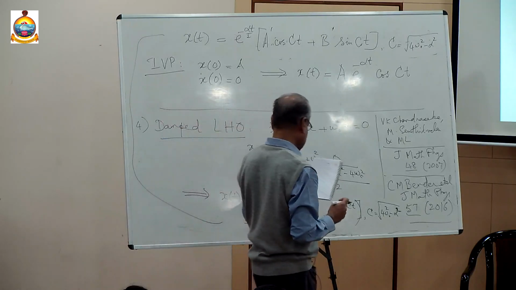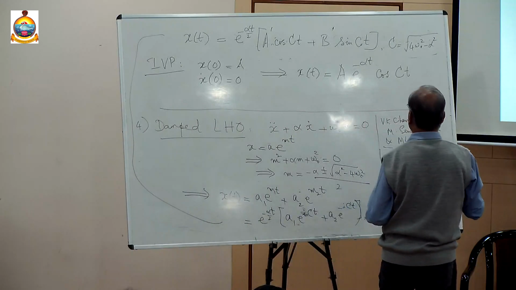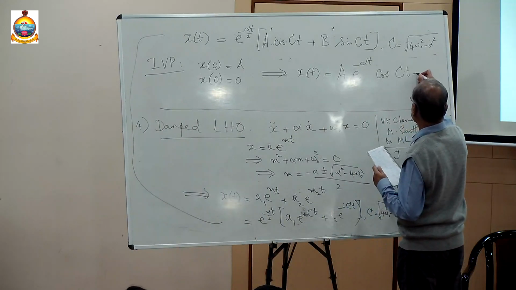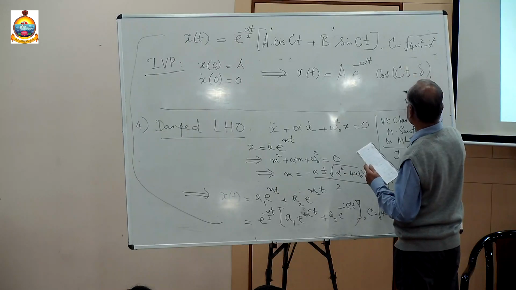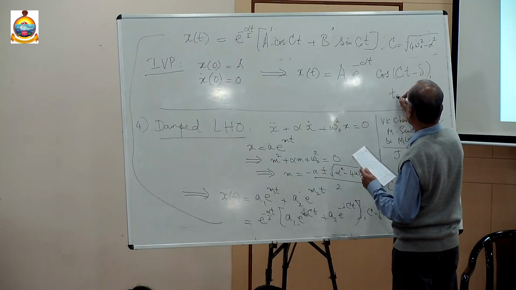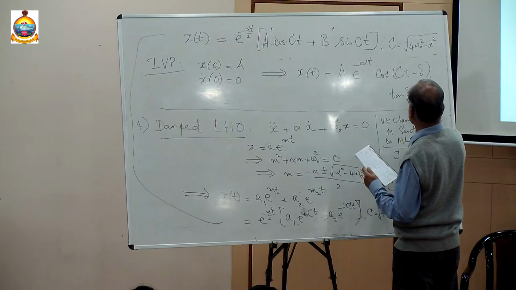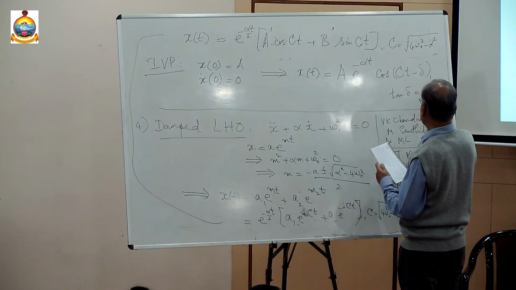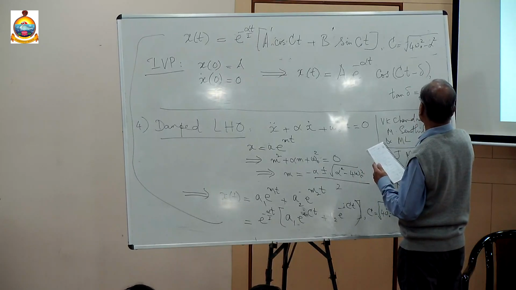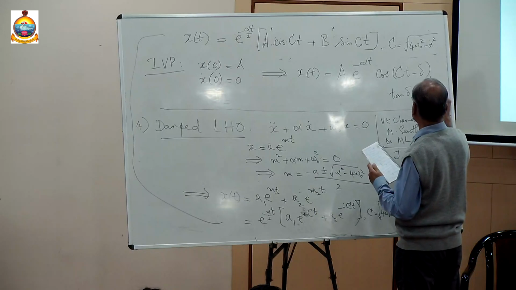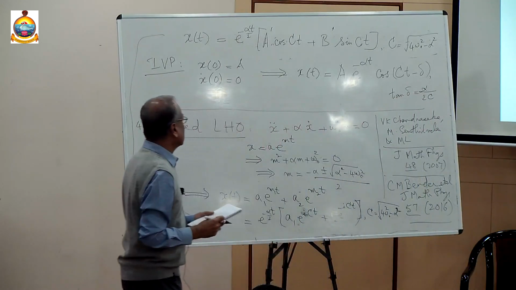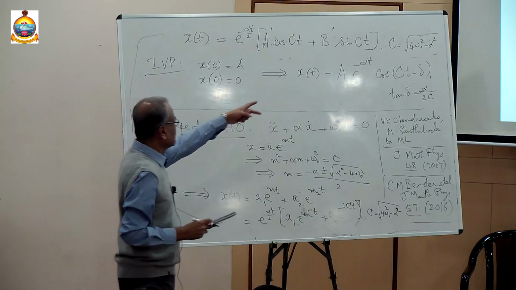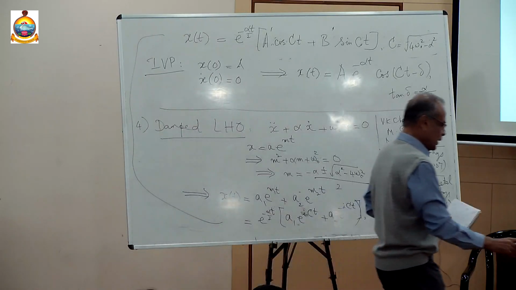Then there is a phase factor coming in, a definite phase factor. Somehow I have missed it. So you check that. And that phase factor is tan delta, that's not an arbitrary constant. It's alpha by 2c. I have missed it somewhere. You can check that. Okay, so that is the solution of the initial value problem.